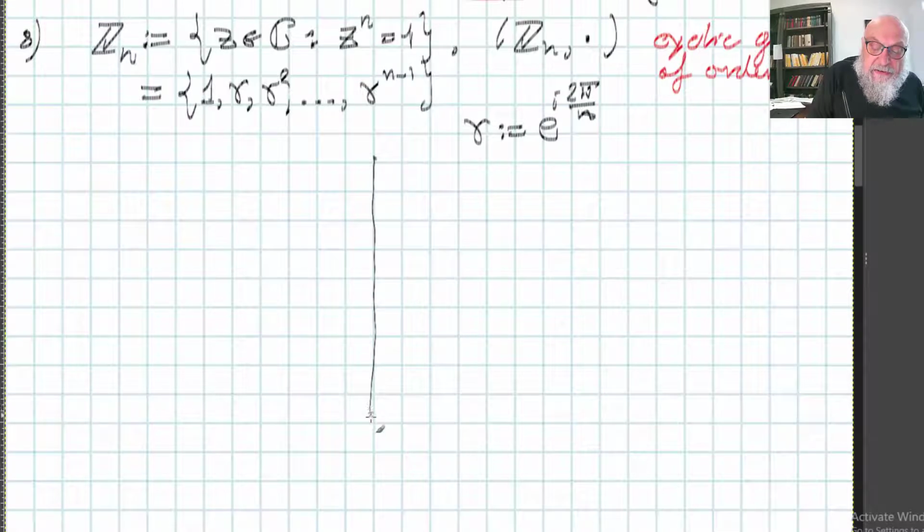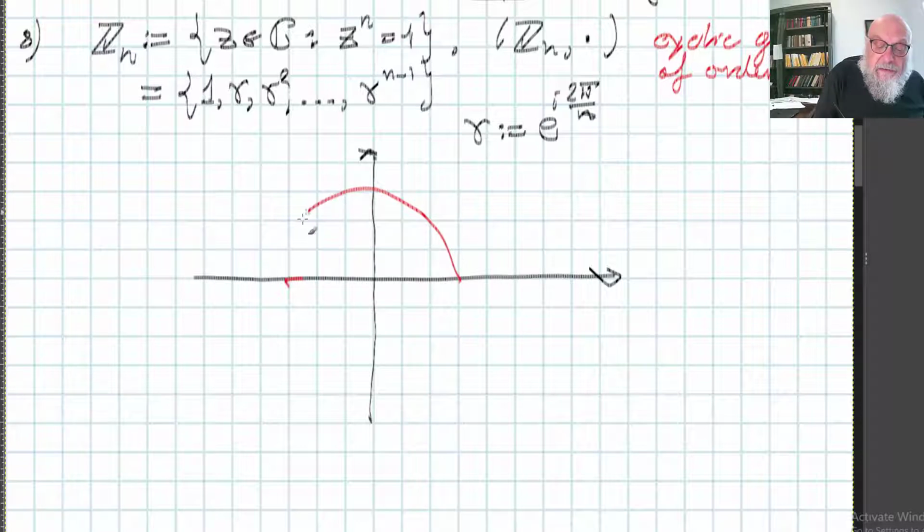Let me make a picture on the complex plane. So in such a case, let's take a circle and then find the roots of identity. So z to the power n is equal to 1.